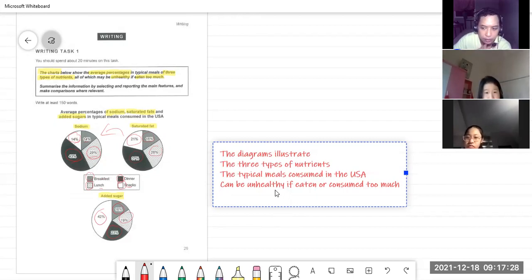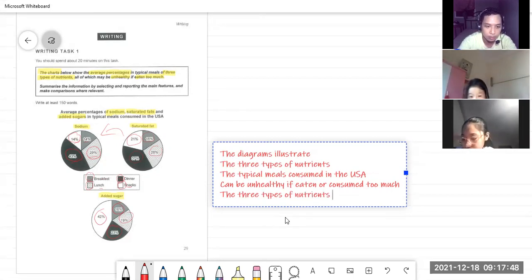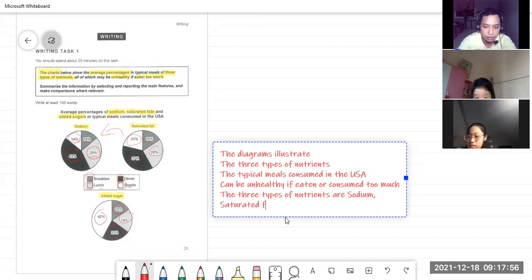What are they? Sodium, starch, and added sugar. Okay, the three types of nutrients are sodium, saturated fat, and added sugar.